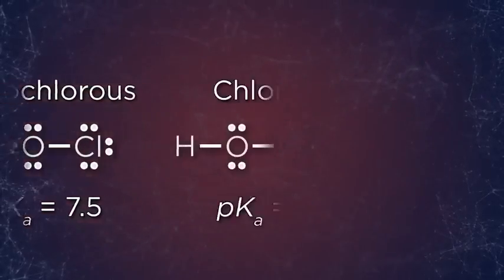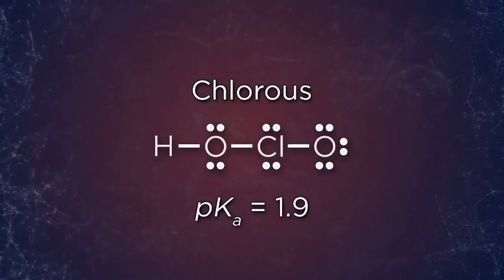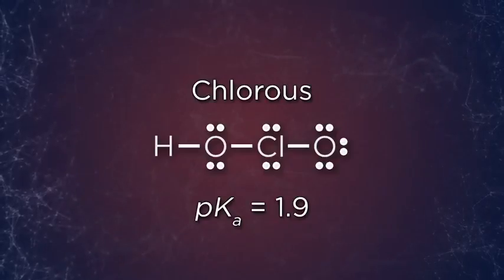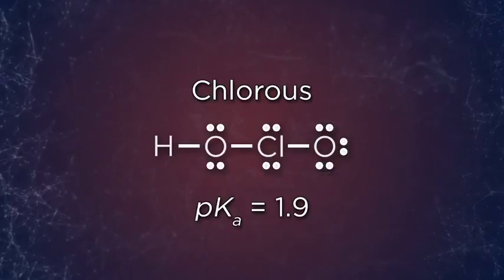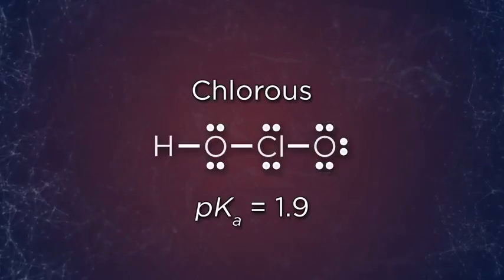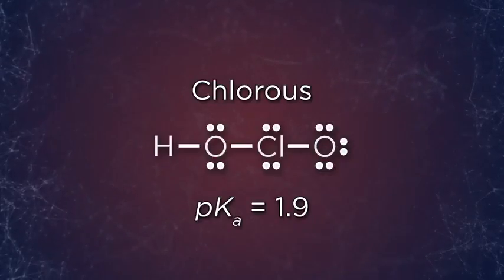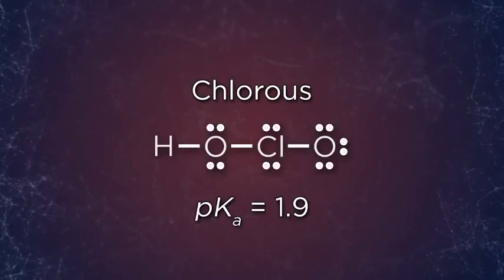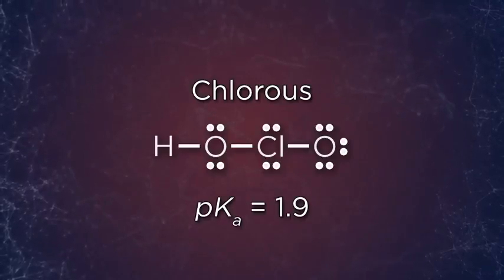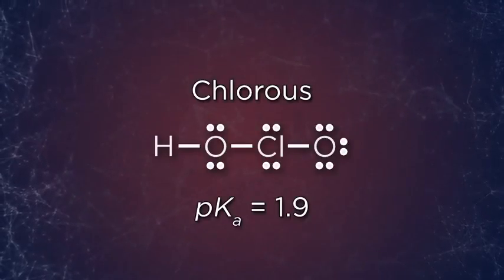Now, add another oxygen to make it chlorous acid. Something changes. That second oxygen is pulling the other direction against its sibling on the other side of the chlorine. This gives the chlorine an even greater positive charge. The increased positive charge on the chlorine makes it pull against the oxygen containing the acidic proton even more, and it begins to win the tug of war.